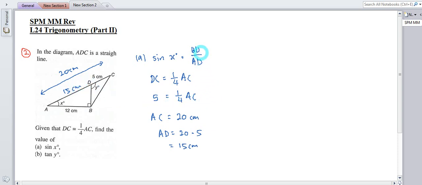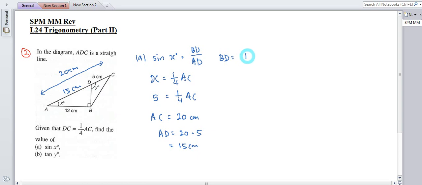Okay, we have the value of AD now, but we don't have the BD. How to find the BD? Use the Pythagorean theorem. Now this is a right angle triangle, this is a hypotenuse, and these two are the shorter sides of a right angle triangle. You want to find the length of the shorter side, use minus.